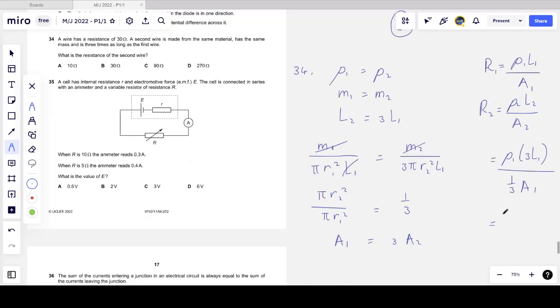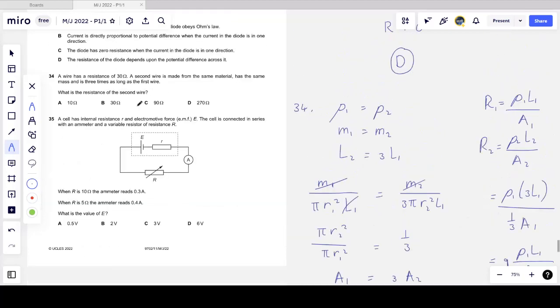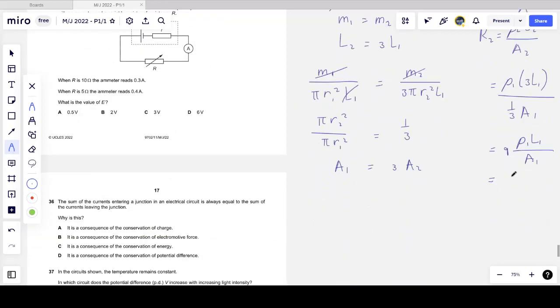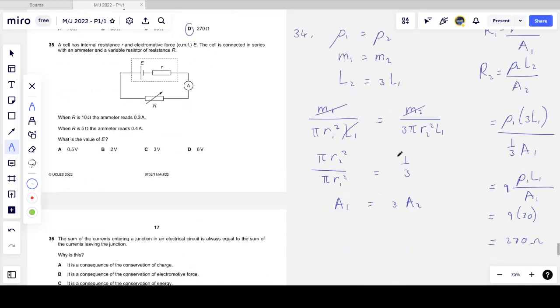So what I get is 9 rho 1 L1 over A1, but hey, look, rho 1 L1 over A1 is R1. That's 9 times the resistance of the first wire, which is 9 times 30, which is 270 ohms. And that corresponds to option D.